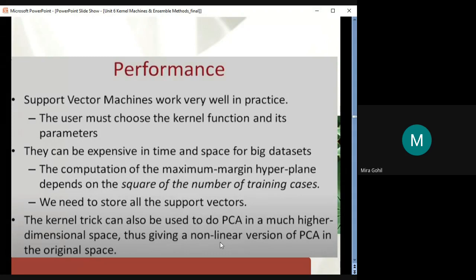But suppose your data is very high dimensional, in that case, of course, it is very time consuming and expensive because of the time and space required for the big data set, and the computation of the optimal parameters, like the optimal separating hyperplane, is also very expensive and time consuming.